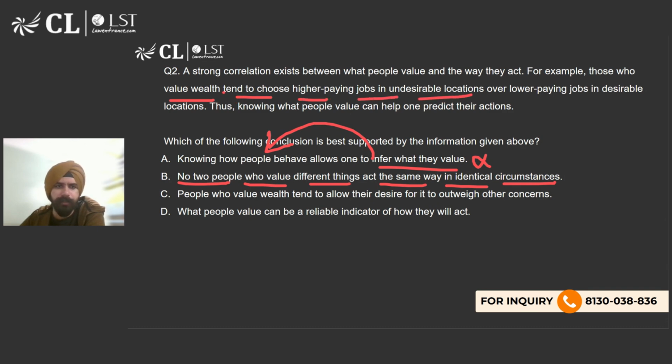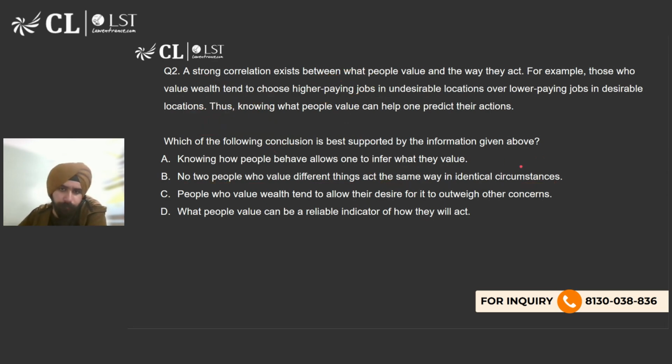Now, it could be that some people who value comfort choose, let's say, higher paying jobs. They just don't want wealth, they also want comfort, they also want other things, let's say privacy, whatever. So we cannot say that people who value different things never act the same way in identical circumstances. They can act in a different way in identical circumstances, even if they value the same things or not. So again, not the correct answer.